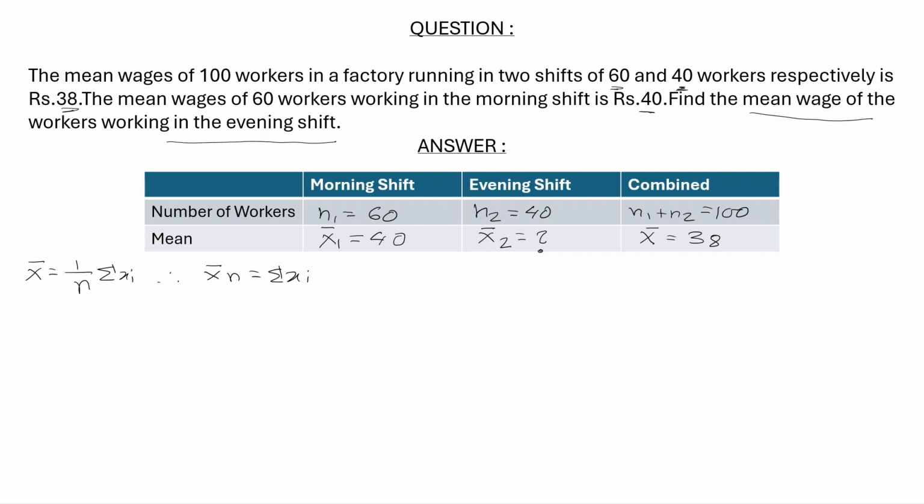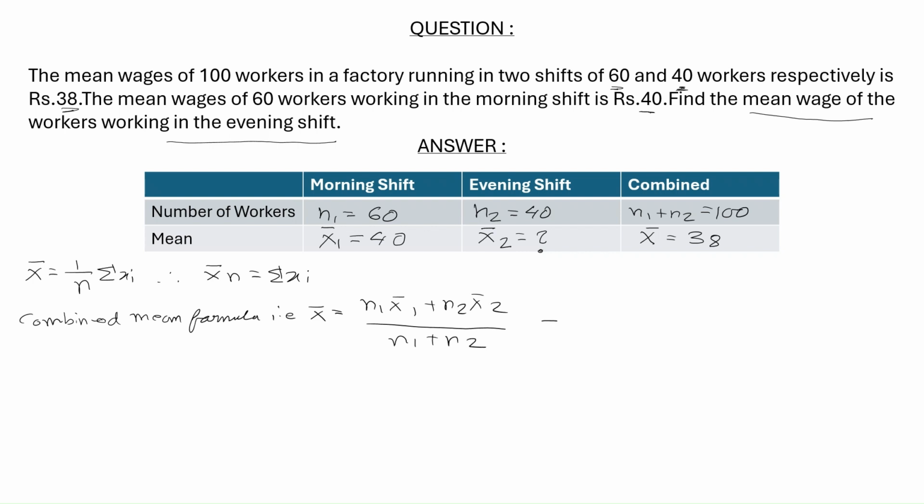Now we are going to use the combined mean formula, that is X bar equal to n1 X bar 1 plus n2 X bar 2 divided by the total number of workers, which is n1 plus n2.